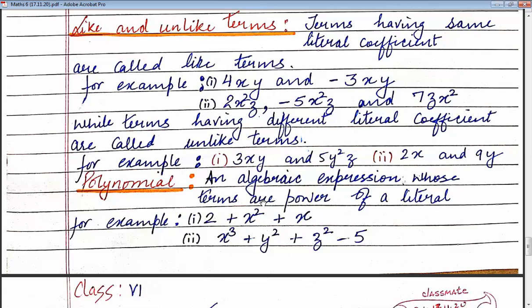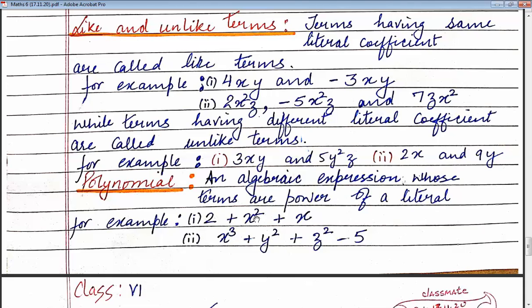And if we want to find the degree of the polynomial, then we consider the highest power. Can you see, children, which is the highest power? Is it 3 or 2? Obviously, it's 3. So what is the degree of the polynomial? It's 3.